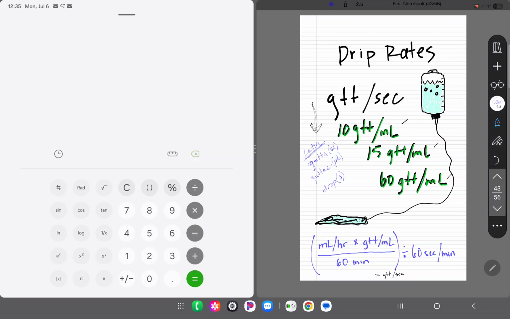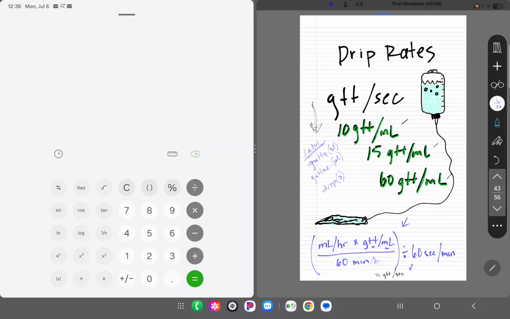And then with drip rates, you want to memorize your equation. The mil per hour times your drops per mil, which is your primary IV set, divided by 60 minutes, divided by 60 seconds per minute, will get you... I'm sorry, this should be 60 minutes in an hour, my bad. And why does it have to be in an hour?